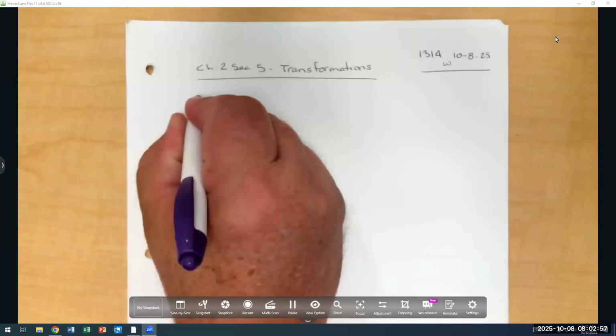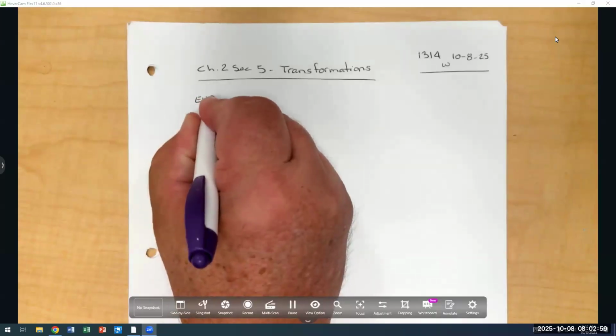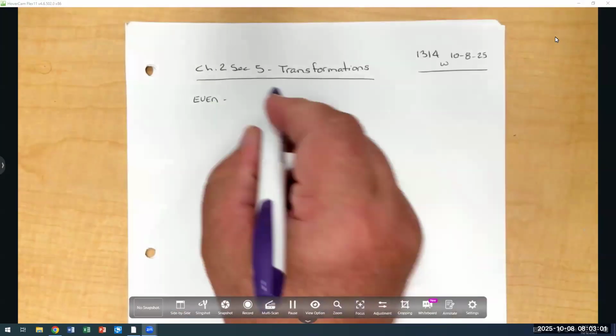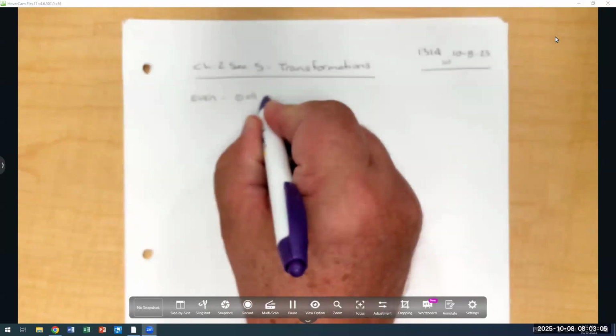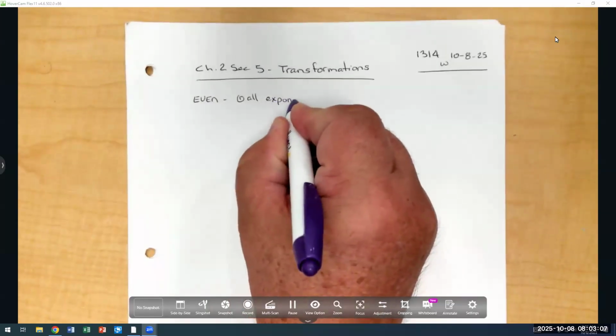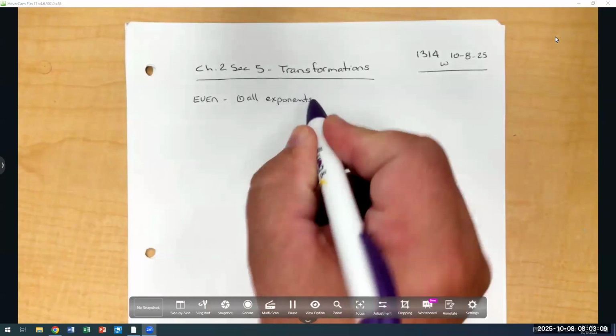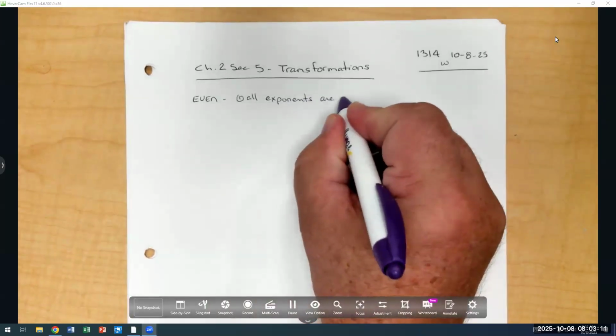Review: a function is even if all exponents are even. It can have a constant term.